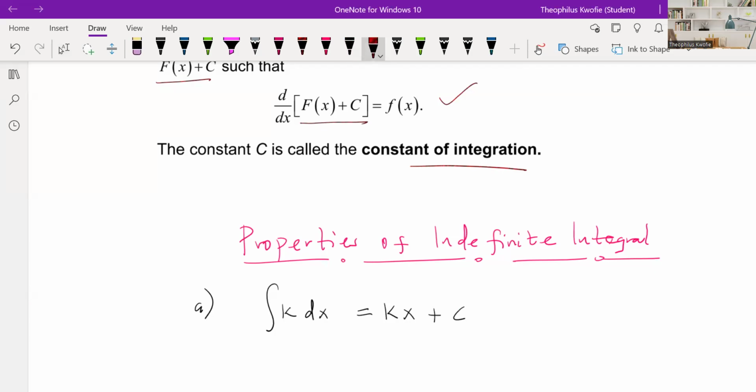Now if I ask you to find the integral, suppose that k is some constant. Let me be more specific here.